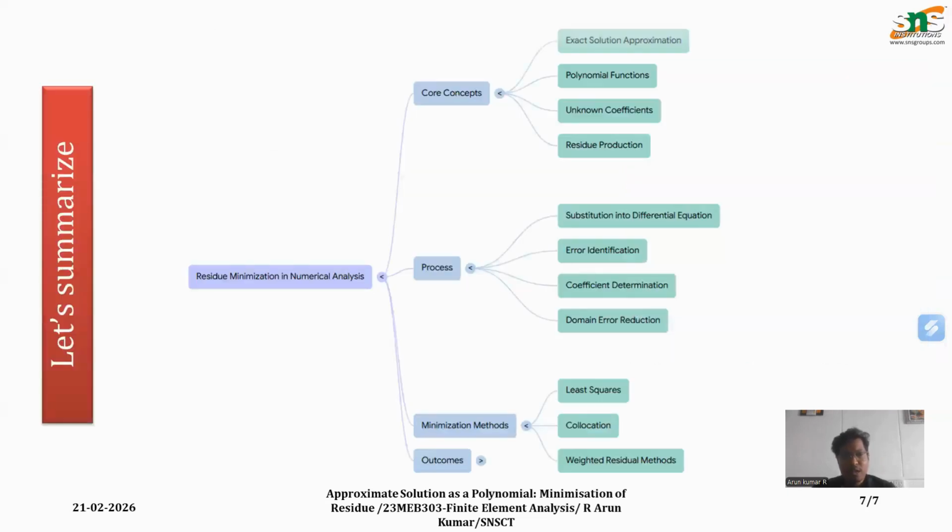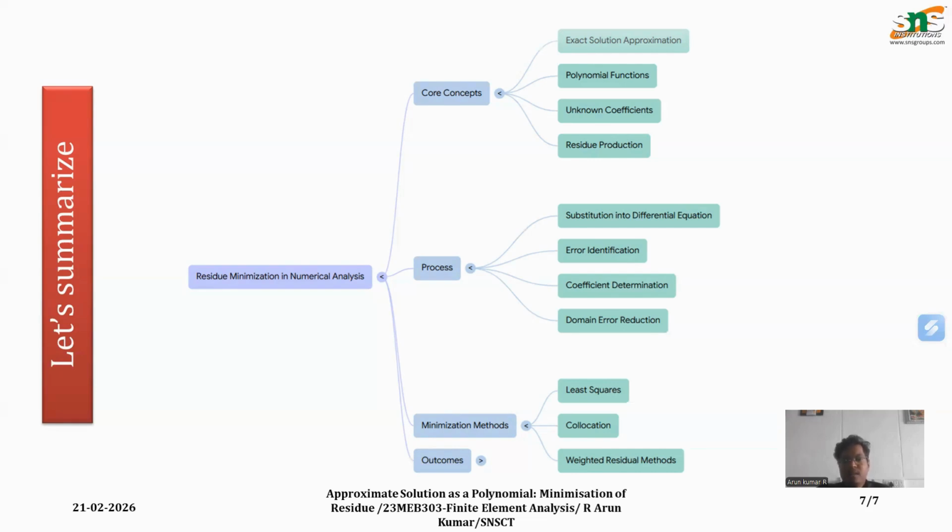So this is the overall summary of this class. Residual minimizing in numerical analysis can be classified into three things: the core concept, the process, and the minimizing method. The core concept has four parts: exact solution approximation, polynomial function, unknown coefficient, and residual production.